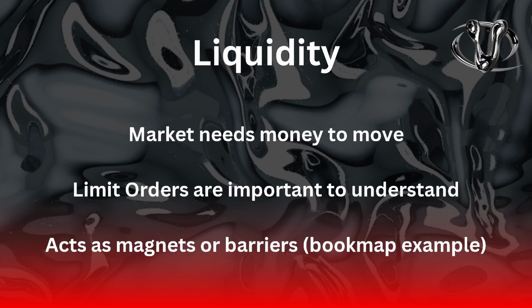So, higher time frame liquidity, or liquidity that is strong and stable, tends to act as magnets, while liquidity that is short term or fluctuating or volatile tends to act as barriers. And when these barriers move up with price, that can be a very bullish indicator.